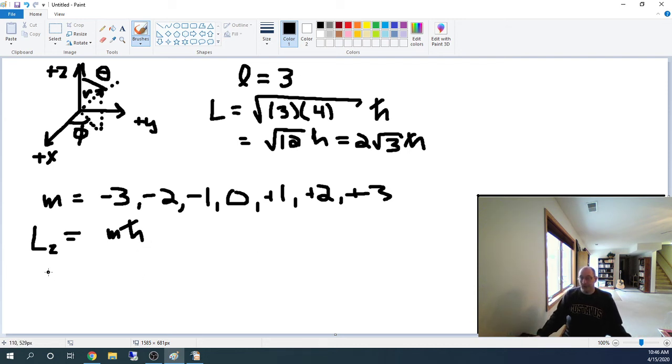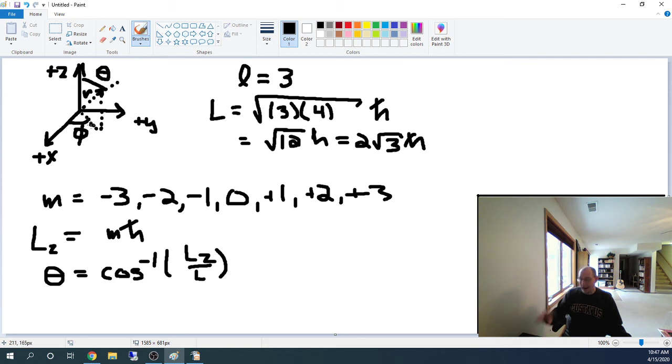So when I was doing the example problem earlier, if I wanted to find out what the angle was for any one of those, that would be the inverse cosine of L sub z over L. Because when the angular momentum points along this direction, it makes an angle theta with respect to z.